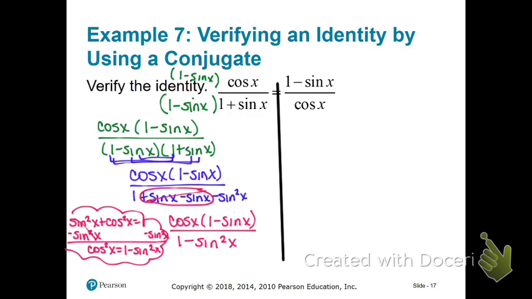All right, so what I just saw there is that my 1 minus sine squared, which is what I've got right here, is equal to cosine squared, isn't it? So keep my numerator still the same. Oops, I forgot my x on my cosine.